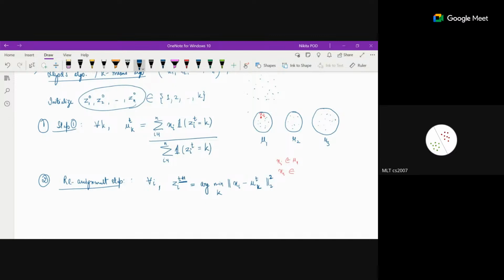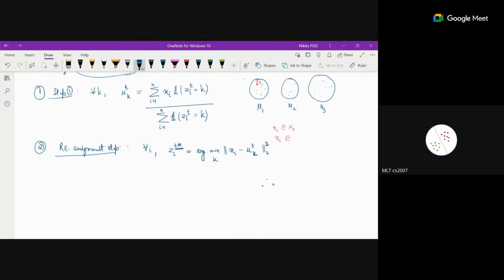For example, suppose this is my data point, and I have, let's say, 2 clusters. These are the 2 clusters that I have. Suppose this is the mean of the first cluster, and for the second cluster, let's say this is the mean.